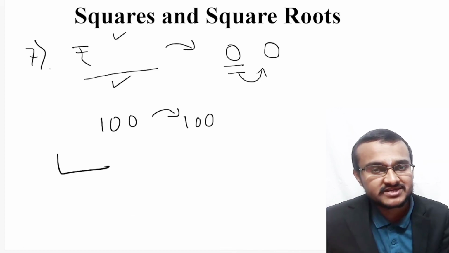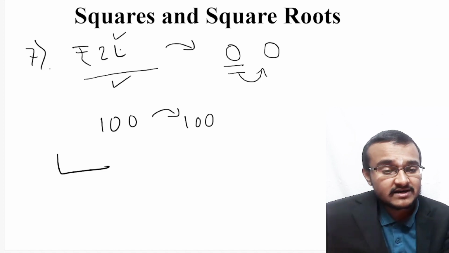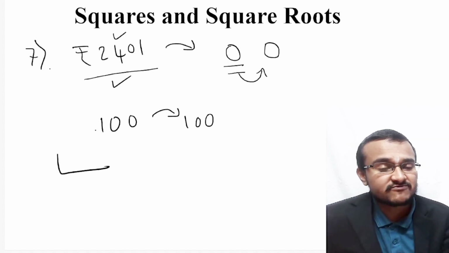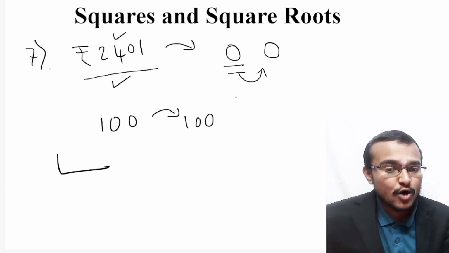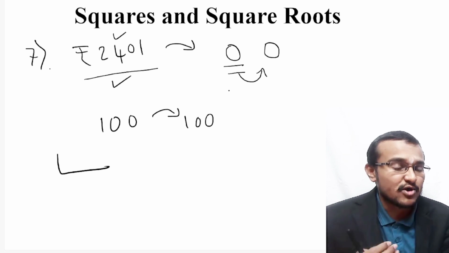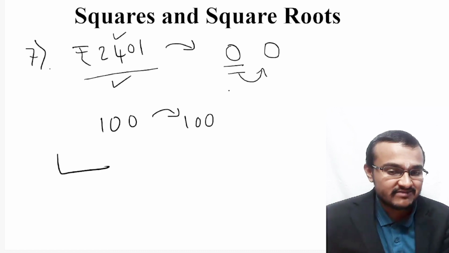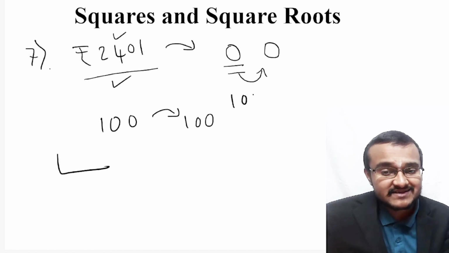Coming to the seventh question in this exercise, for a Prime Minister Relief Fund, a class of students have given 2401 rupees in total. One hint they have given is that however many students are there in that class, that much amount each student has given. That means if 10 students are there in a class, then each student has given 10 rupees.